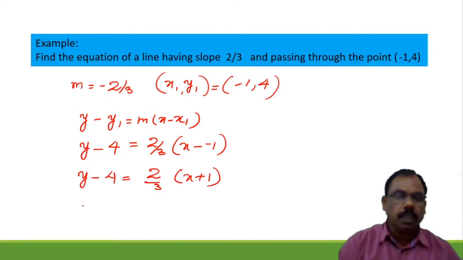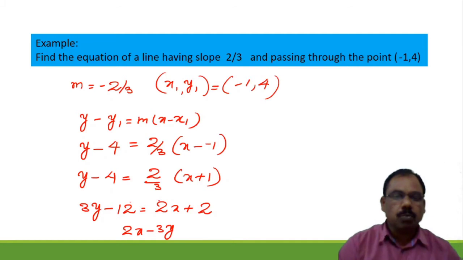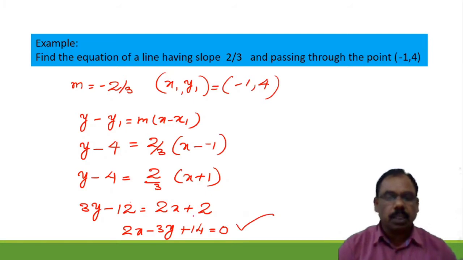Cross multiplying, we get 3y minus 12 is equal to 2x plus 2, or 2x minus 3y, bringing minus 12 to right hand side, we get plus 12, and 12 plus 2, that is equal to 14, is equal to 0. Hence, the required equation is 2x minus 3y plus 14 equal to 0.